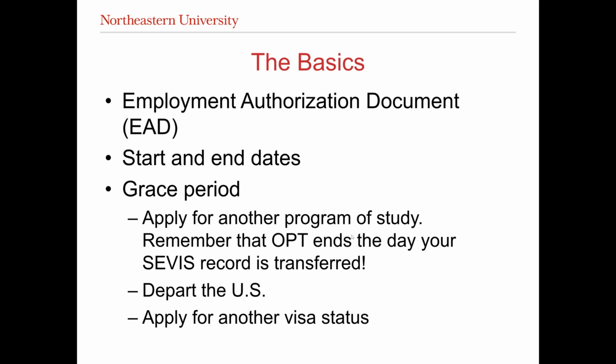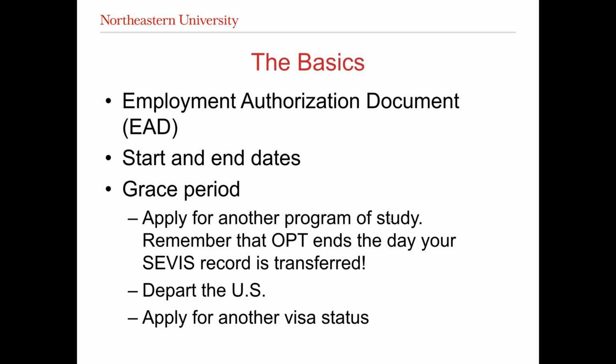So you know the basics. When an OPT is approved by USCIS, United States Citizenship and Immigration Services, they mail the student the Employment Authorization Document, or the EAD. In casual language, students like to call this the EAD card or the OPT card.